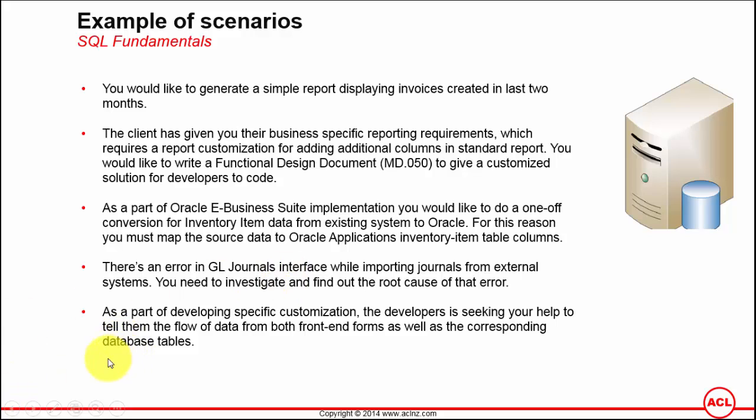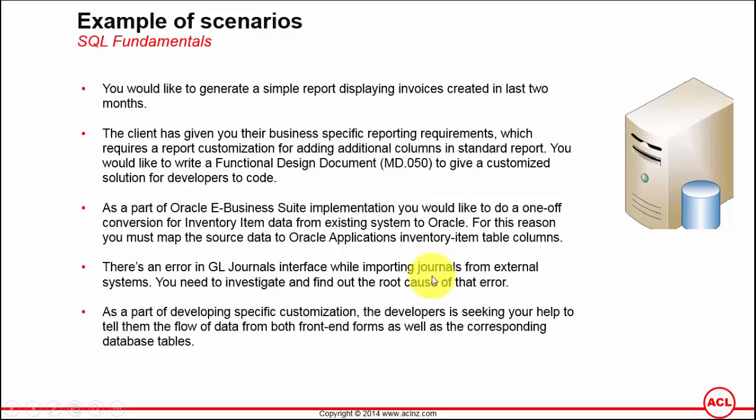So that's another realistic scenario that a functional consultant handles. The last one is that, as part of developing a specific customization, the developer is seeking your help to tell them how data flows from the front-end forms to the corresponding database tables. A simple example could be a functional design document. You have written a functional design document and given it to the developer.